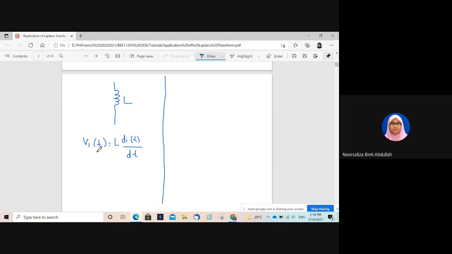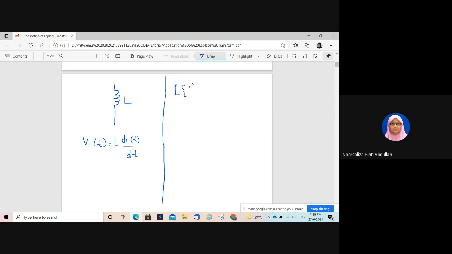This is how you get the voltage for an inductor. You have to differentiate the current. So now we want to transform this time domain signal to frequency domain signal.